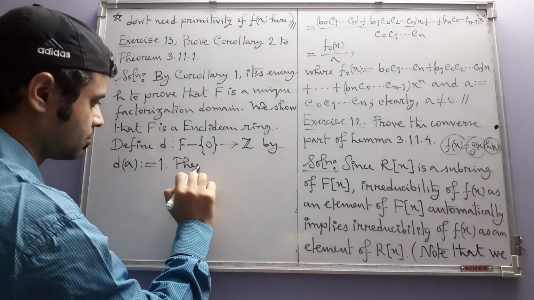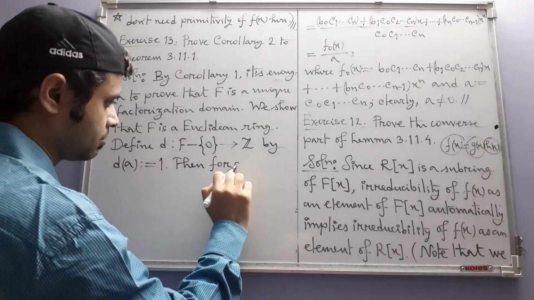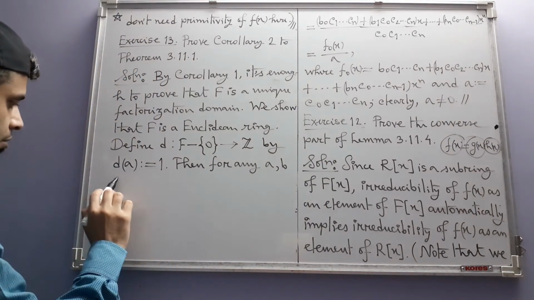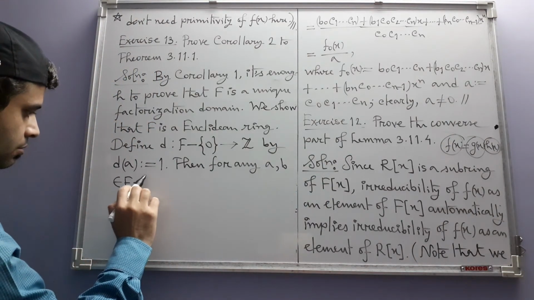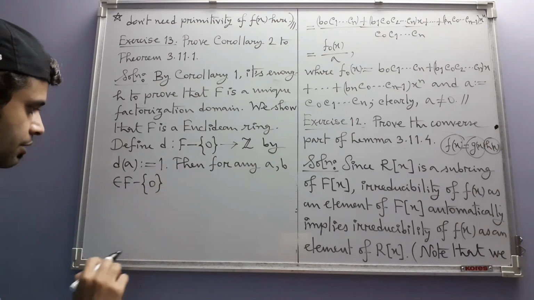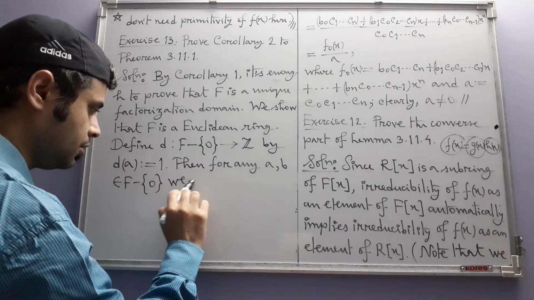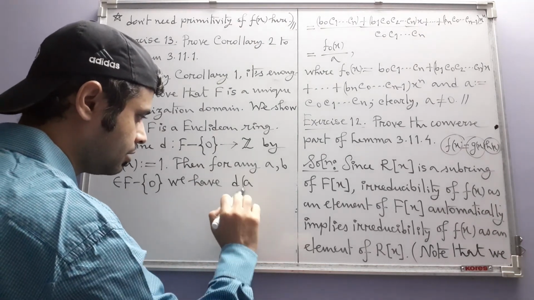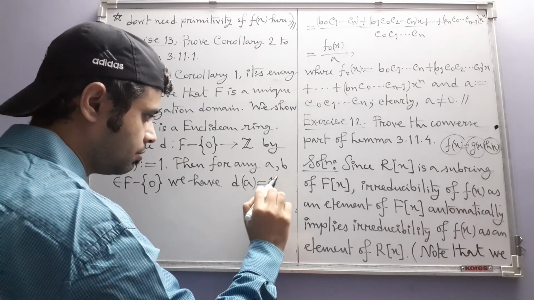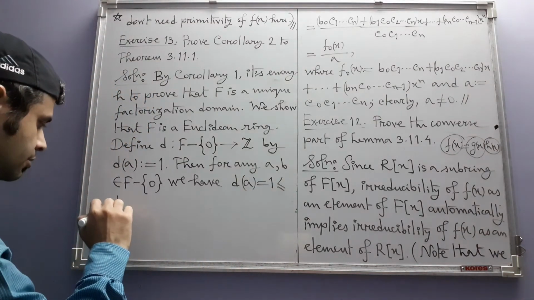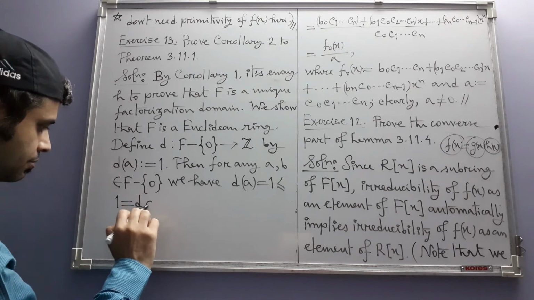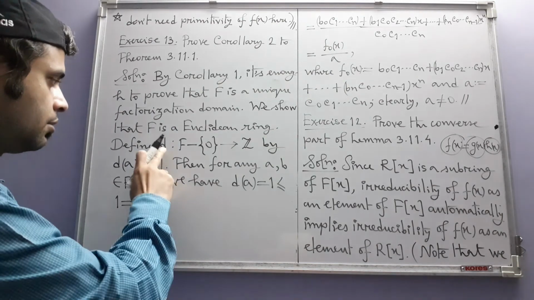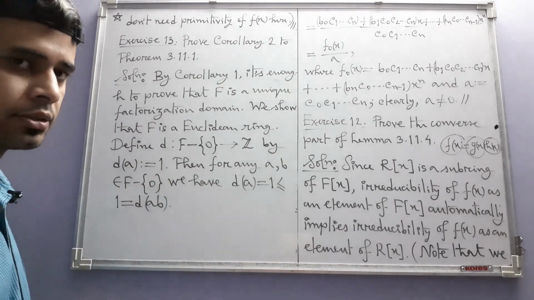Then for any a and b belonging to F minus 0, we trivially have D(a), which is equal to 1, is less than or equal to 1, that is D(ab). So that is the first condition for D to be a D function actually.